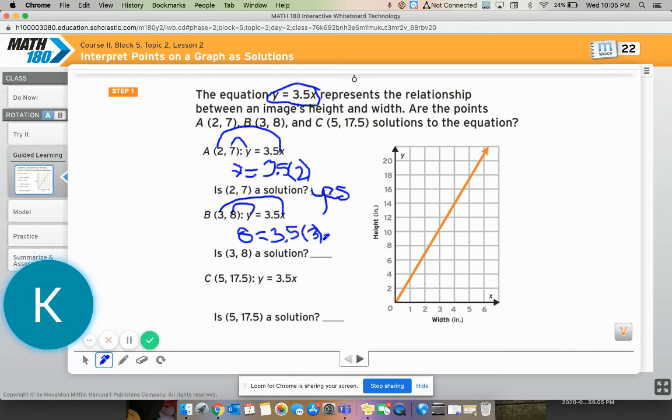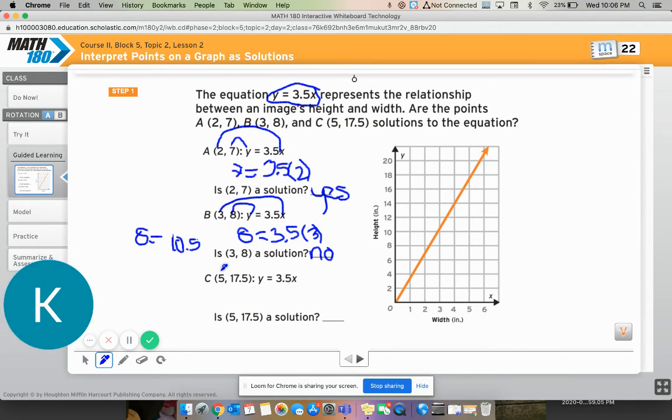Now, 3.5 times 3 equals 10.5. So does 8 equal 10.5? Nope. So therefore, it is not a solution. It does not work. It is a no.